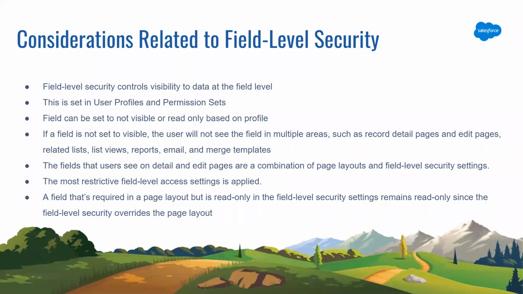I could see this being an exam question as well. The most restrictive field access settings, if there's conflicting ones, is applied. So I could easily see that being an exam question for the security question.